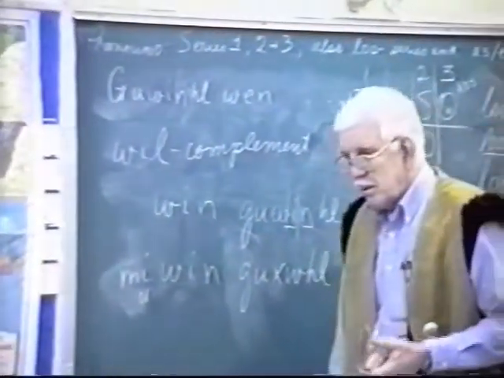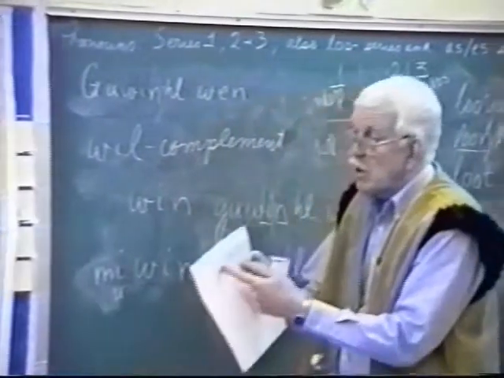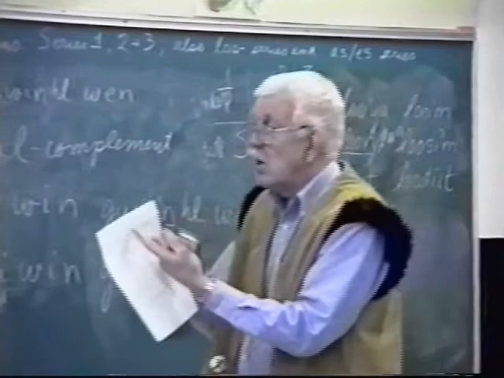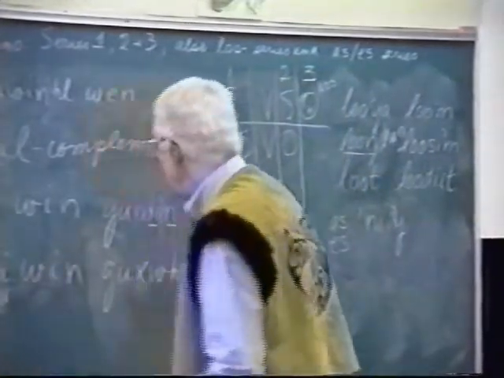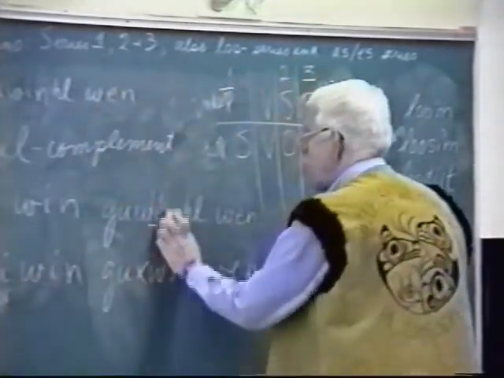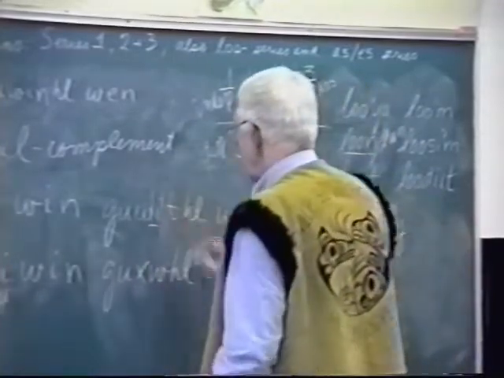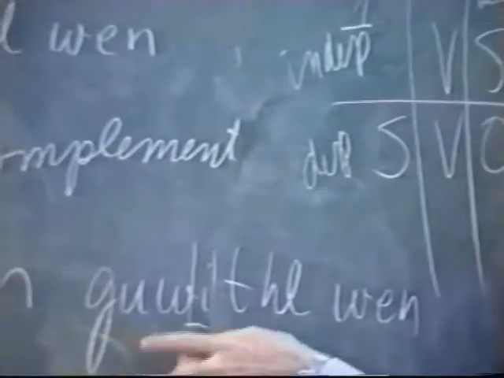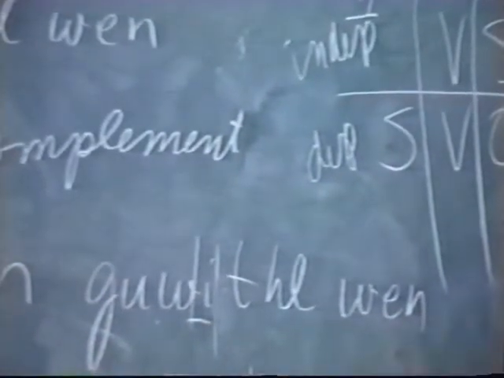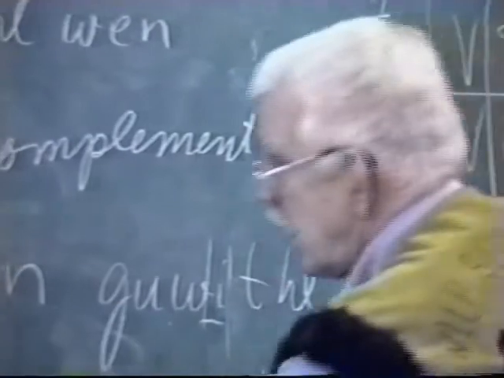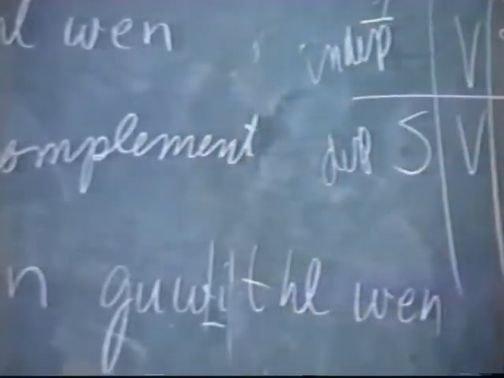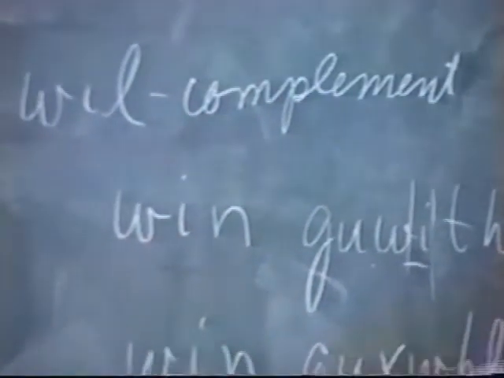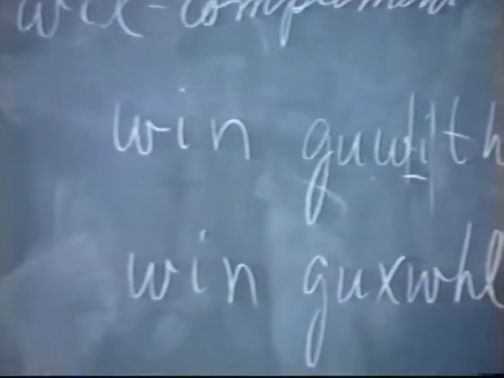Okay, what we're doing basically is going over the pattern that's in that handout from two days ago, which has win at the bottom. If we want to say he shot the deer, Guit when, and if we try to say win Guit when, it's again not good because we're using an independent order structure where we should be using a subordinated, a dependent order structure.